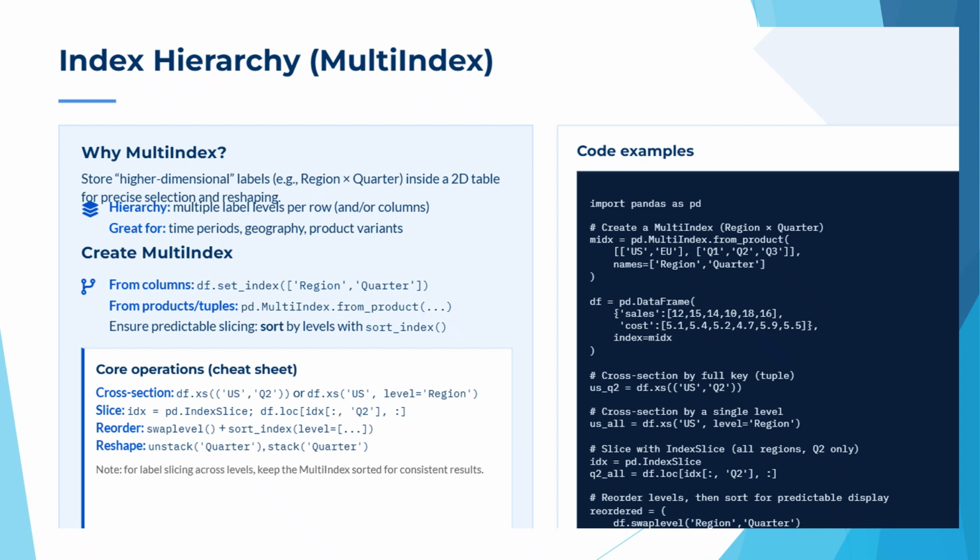Slicing across levels can be done using pd.IndexSlice along with df.loc, enabling flexible selection across multiple index levels. Reordering levels using functions like swaplevel and then sorting them with sort_index helps in reorganizing the structure for better readability or analysis. Reshaping operations such as unstack and stack convert data between different formats, for example, turning a level of the index into columns or vice versa.